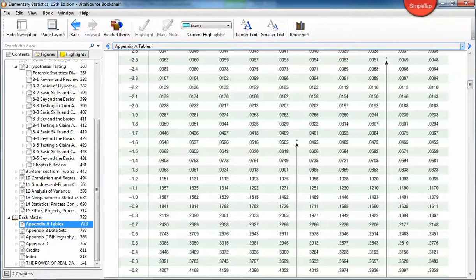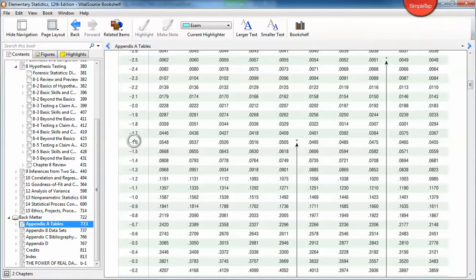If it was two-tailed, we would divide it by 2. But it's left-tailed, so we need an area of 0.05. We want to get as close as possible to 0.05 as an area in our z-table. So 0.05 is right here.